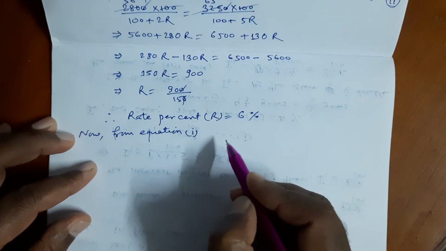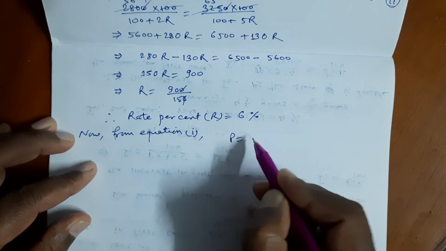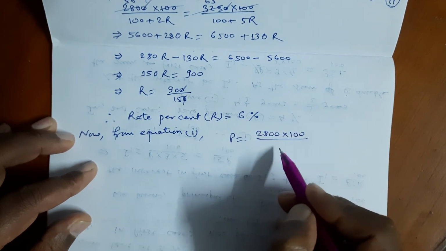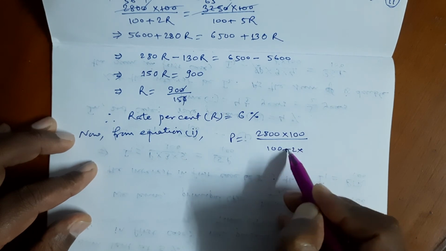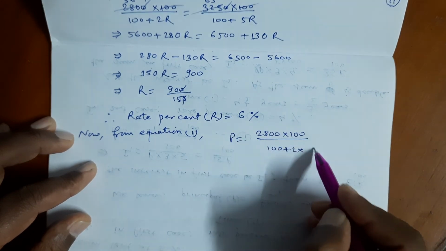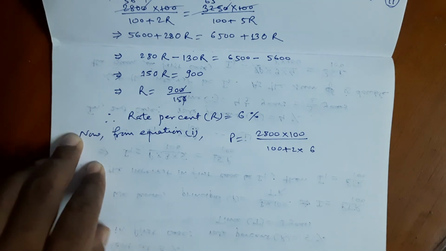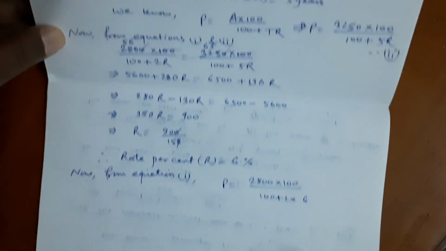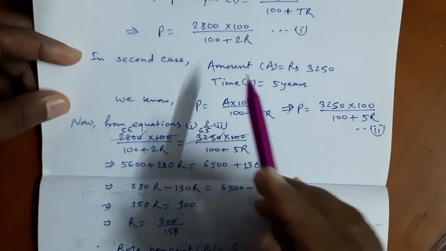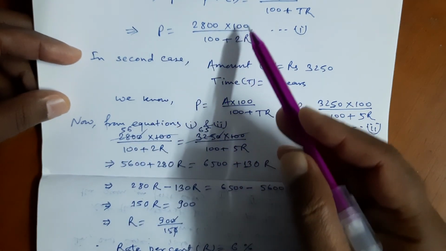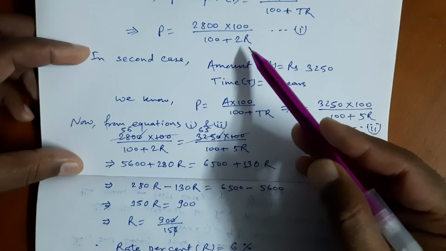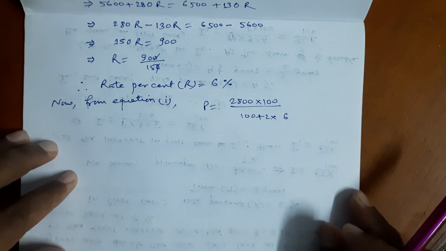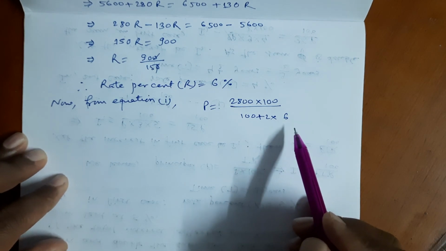From equation 1, P equals 2800 times 100 over 100 plus 2 times R, and the value of R is 6. So we wrote here 2800 times 100 over 100 plus 2 times 6.